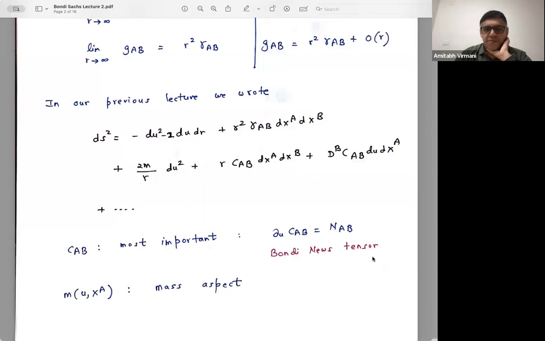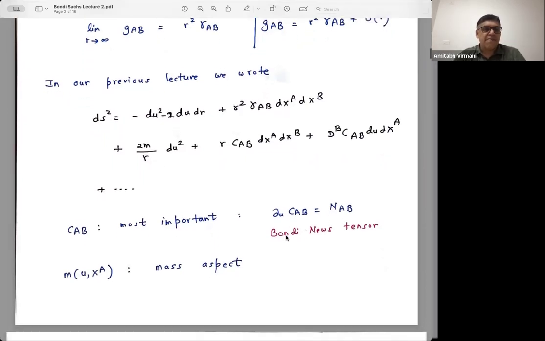So I just call it Bondi news tensor. It's the longest possible name you can get. This contains information about what happened in the spacetime dynamically. So at null infinity, NAB contains information about flux of gravitational wave, energy of gravitational wave, angular momentum carried by gravitational wave. All of this is in this NAB, which is essentially in CAB.